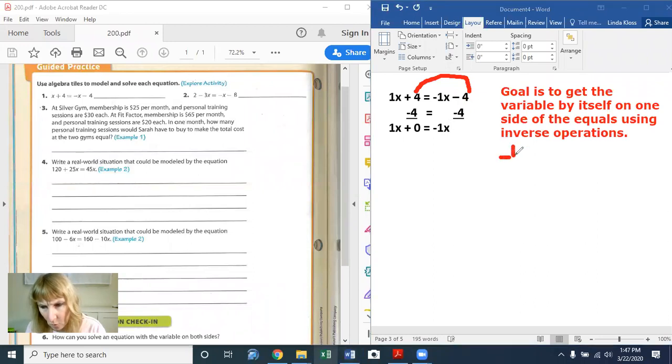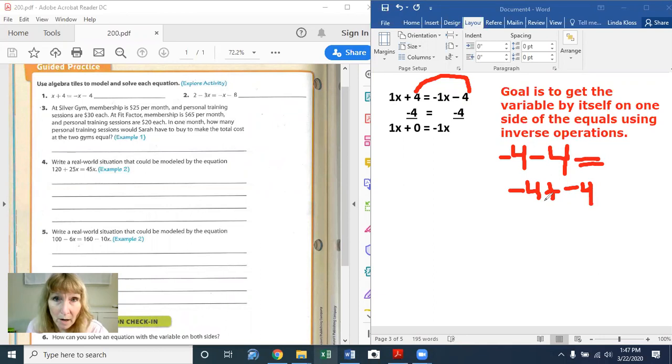Negative 4 minus 4 is the same as negative 4 plus negative 4. So if you owe me $4 and you owe your mom $4, how much do you owe altogether? Right, $8. So you would owe, you'd be in the hole, negative $8.